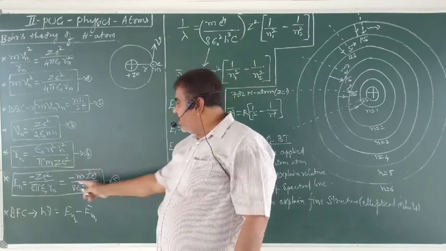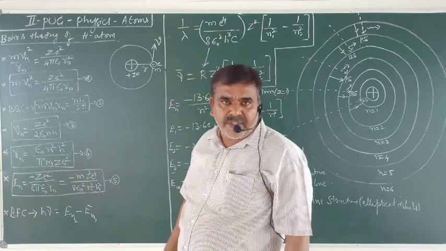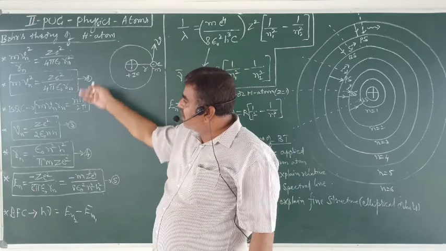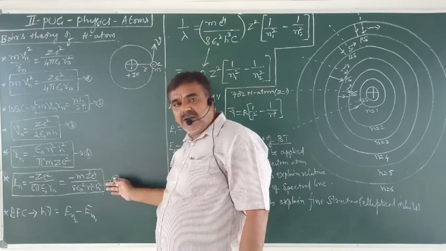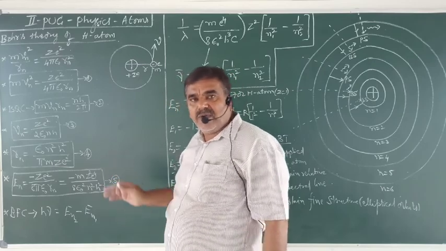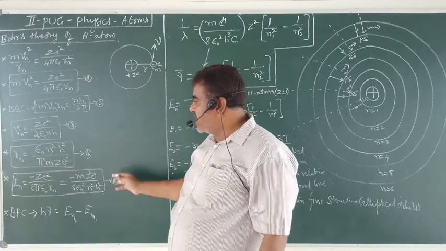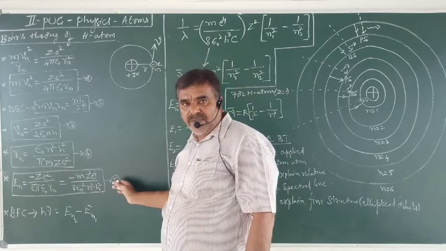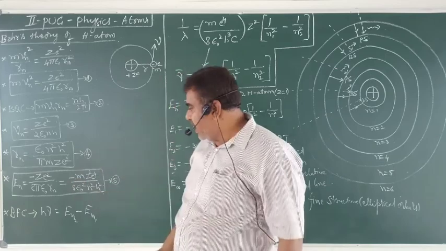It is a very important merit of Bohr's theory. It gave the expression for velocity and the expression for radius. It explains why electrons cannot be easily removed, why energy is to be supplied to remove electrons. That is the significance of the negative sign.